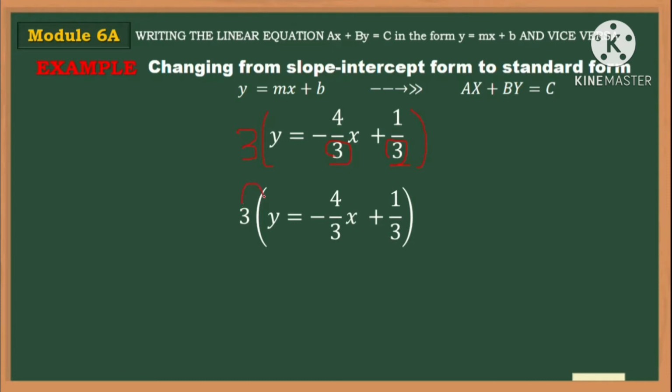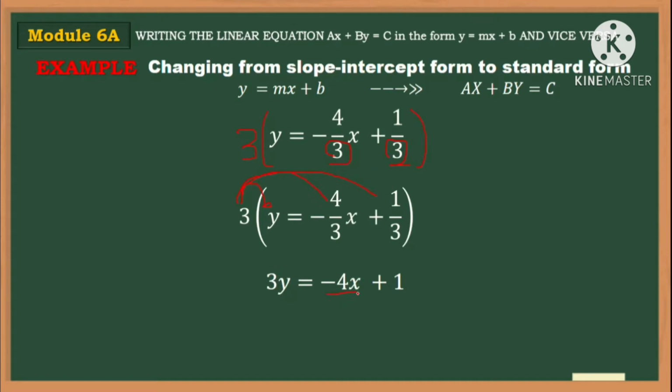So we're going to simplify this. 3 times y, very good, that is 3y. 3 times negative 4 over 3, that is negative, okay, very good, negative 4x. Then, 3 times 1 over 3 is equal to 1. So, this one.